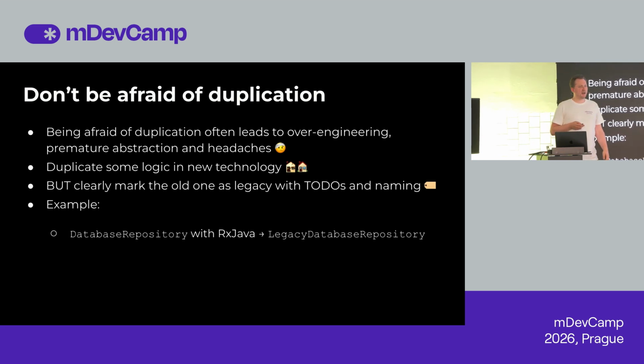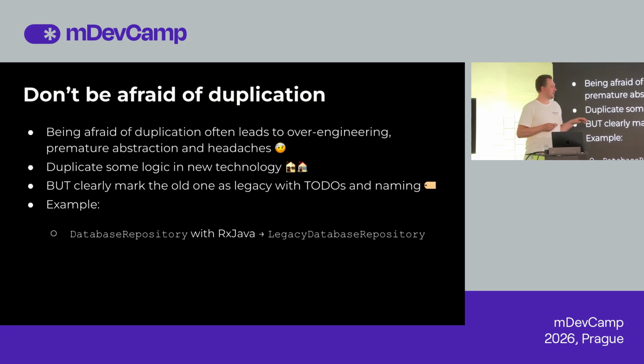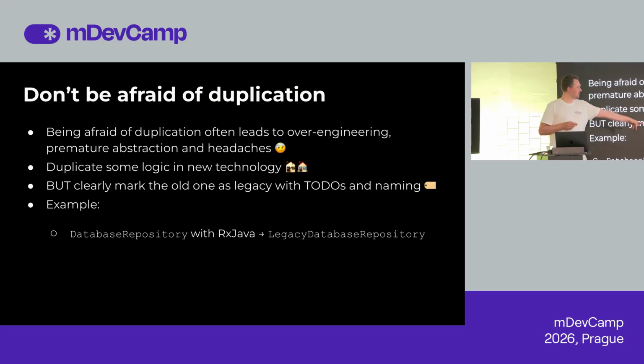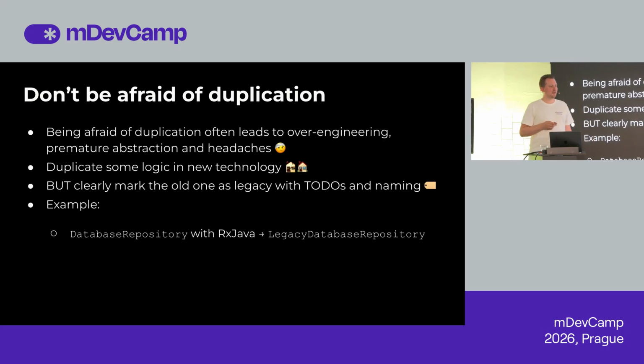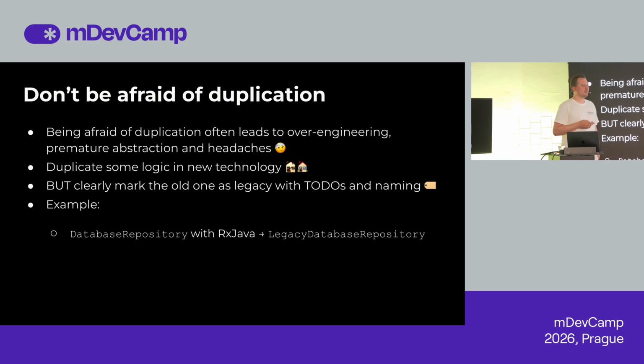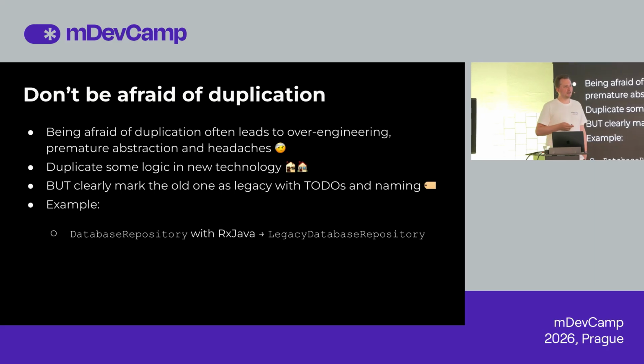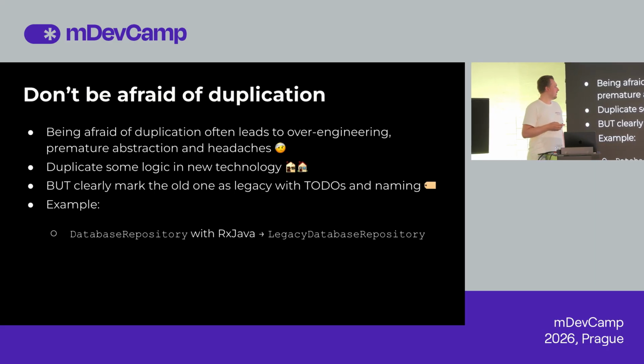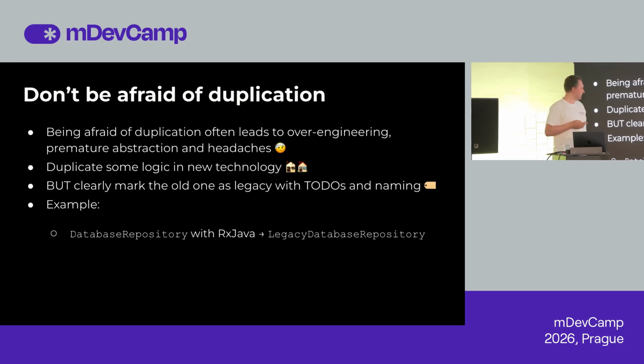Even before I start to do anything, I rename the database repository to legacy database repository. So I know that even if other developers touch it in the future, they will also see, okay, I'm editing something legacy, and I should maybe look at how it's done in the new way.